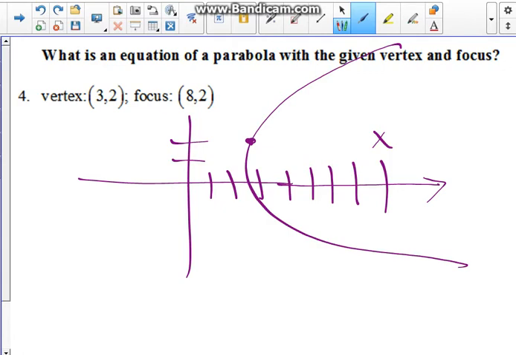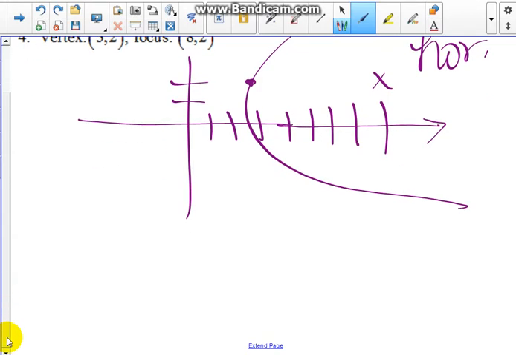So we know that this is a horizontal parabola. So we're going to use the horizontal formulas. So this is going to be equal to, and it's over the x-axis, so it's x equal 1 over 4c y squared.